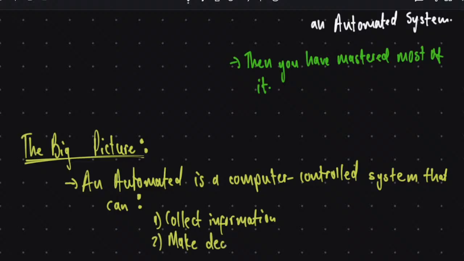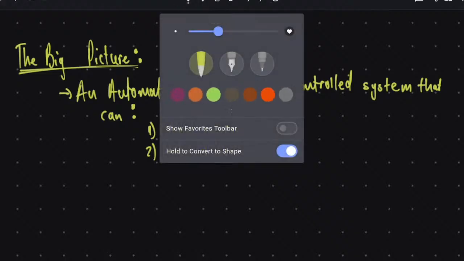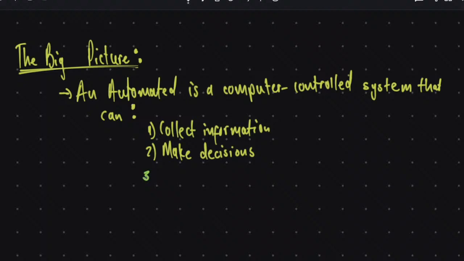So it should have sensors that are gathering information from everything around it. And then it uses that information to make a decision. And after making a decision, it will actually perform the action. So it's like you as a person, you say, I need to drink water right now.